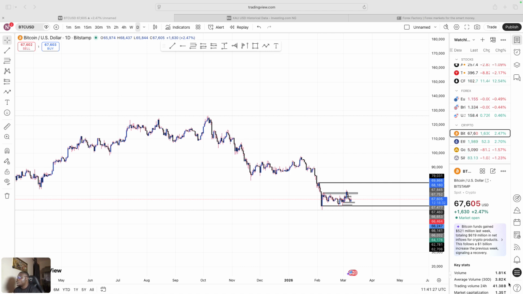As a trader, you can choose to be a buyer or a seller, depending on the situation. If you are using support, you are looking for a buy, and if you are using resistance, you are looking to sell the market. Regardless, you need to know how to use them.